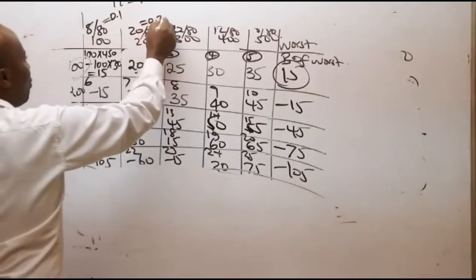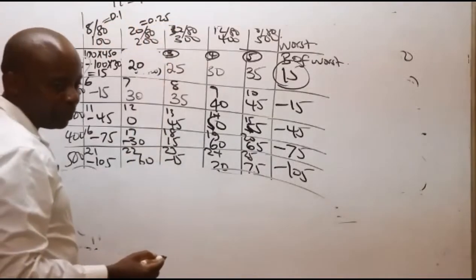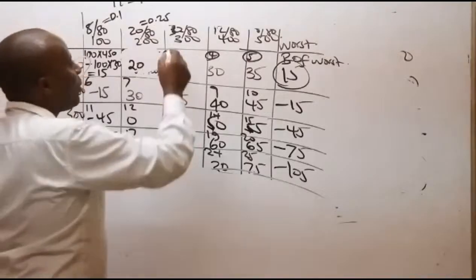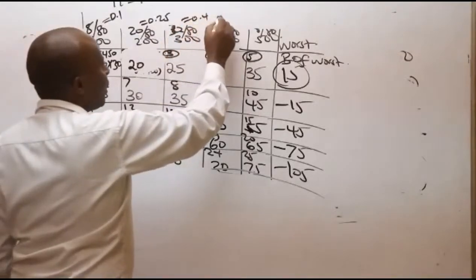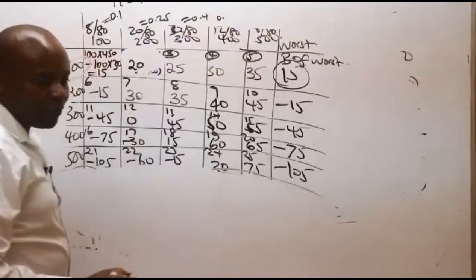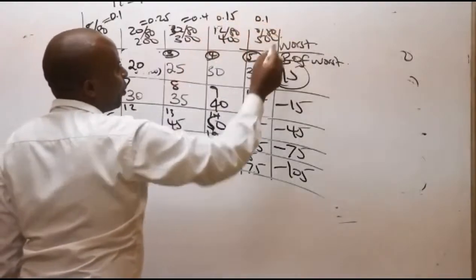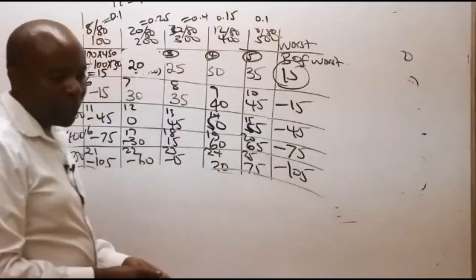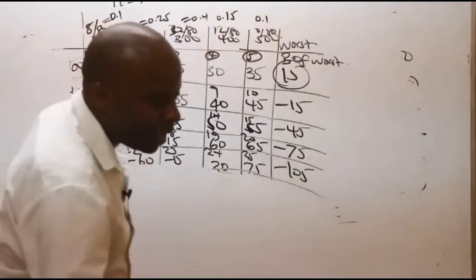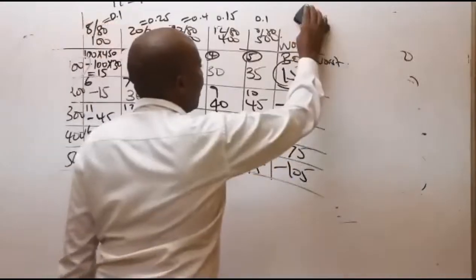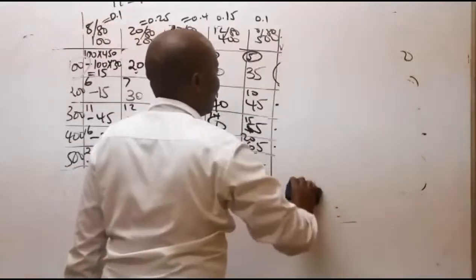This gives us 0.25. 0.4. 0.15. Then lastly, 0.1. So now out of this, I should be able to get expected monetary value.